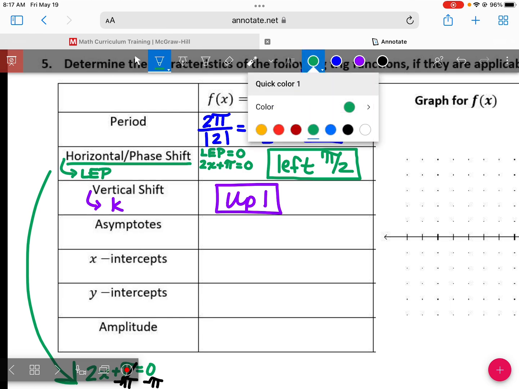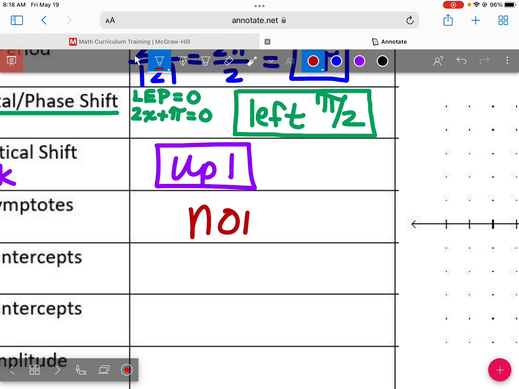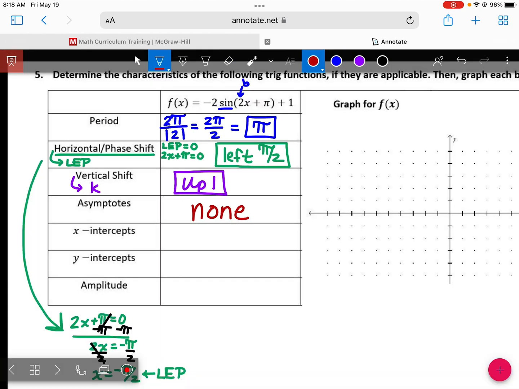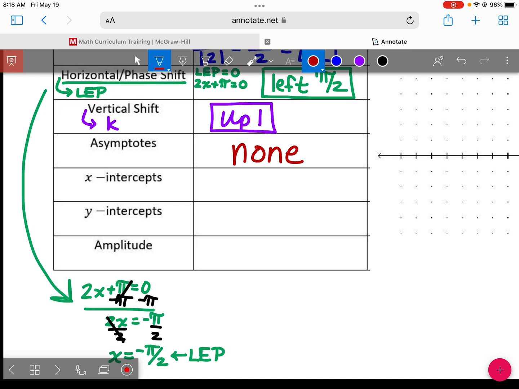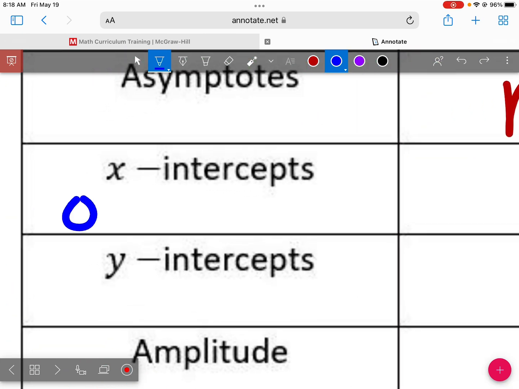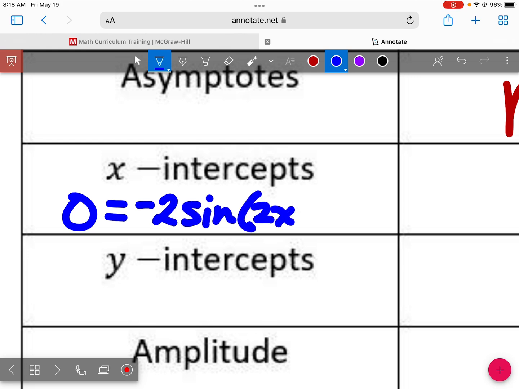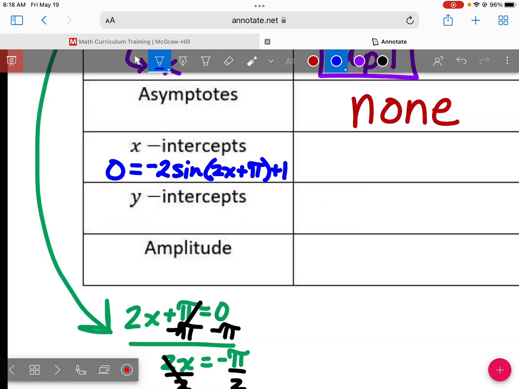Asymptotes. Does the sine graph have asymptotes? Nope, so I don't have to worry about that. I'm just going to write none. X-intercepts. For x-intercepts, we're going to have 0 equals negative 2 sine of (2x plus pi) plus 1.